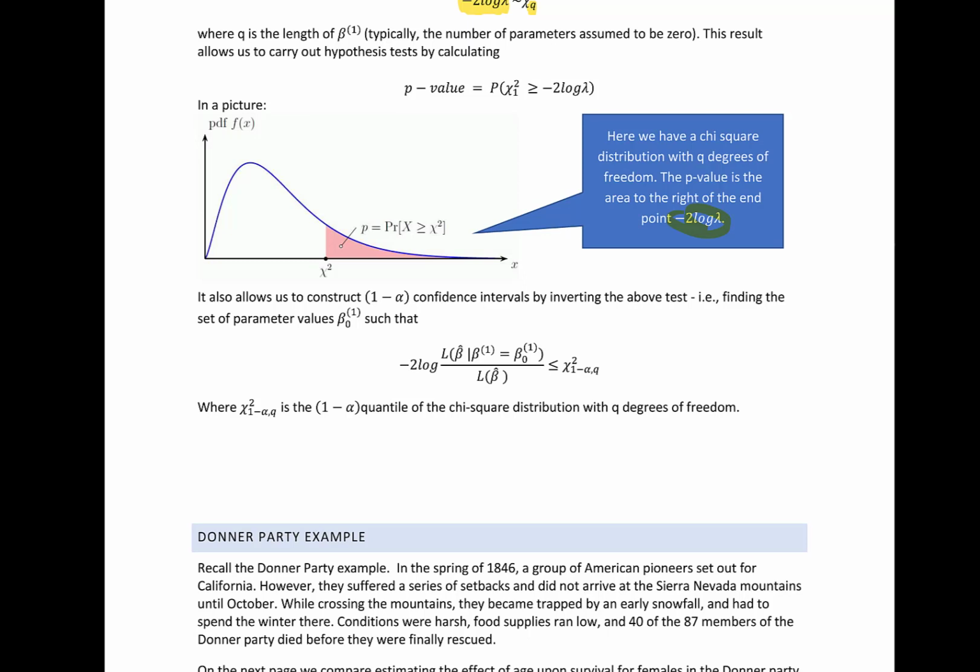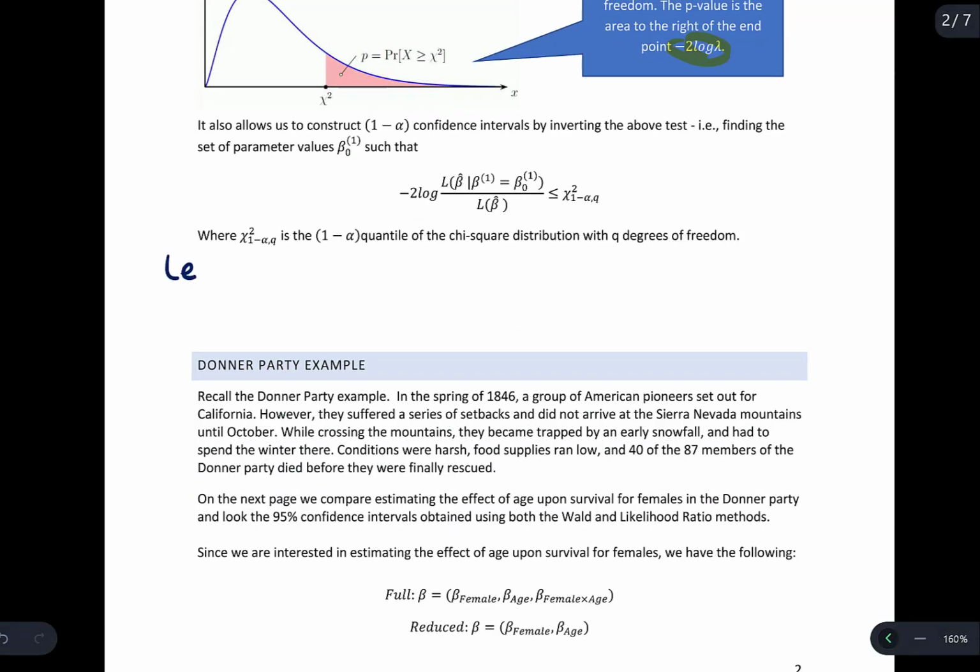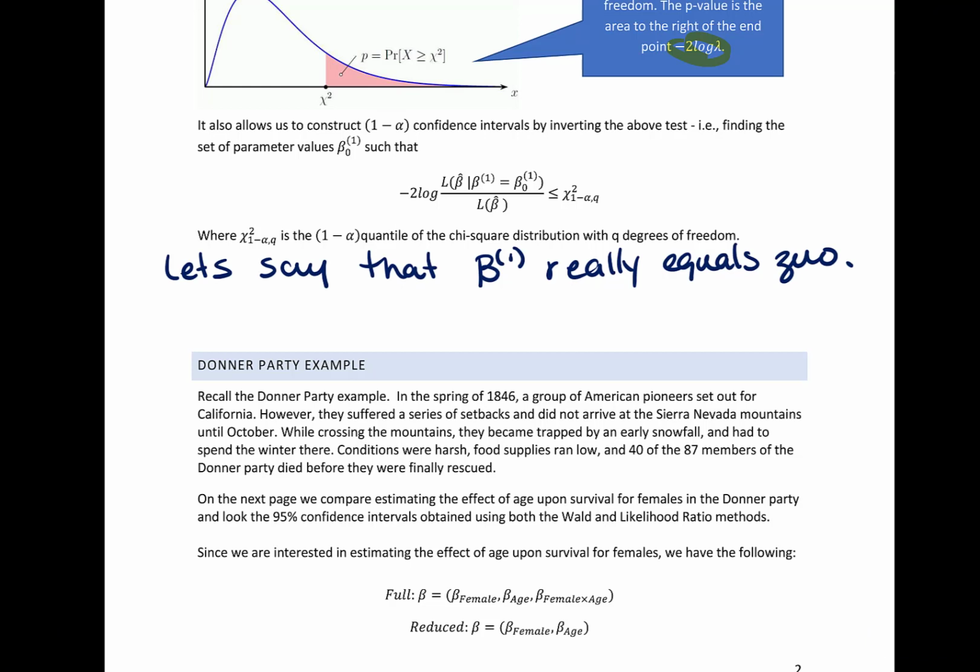All right, so just looking at this ratio, let's talk a little bit more about why that ratio of likelihoods helps us. So let's say that beta 1 really is 0. And remember again, beta 1 could represent multiple parameters, and we're saying that all of those are equal to 0.